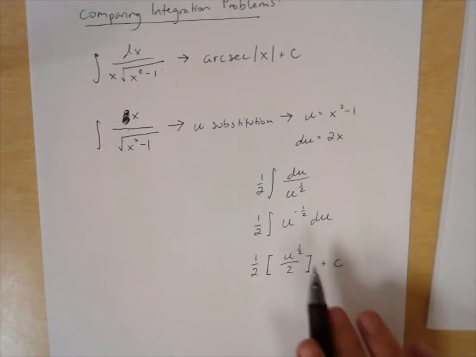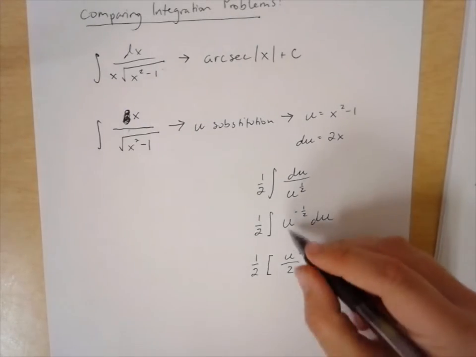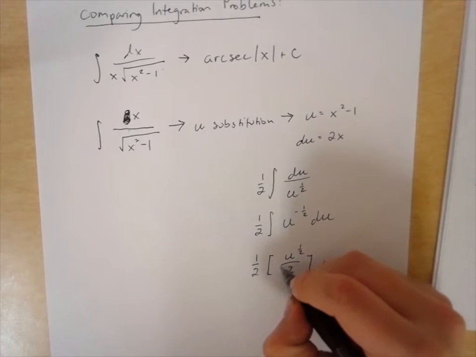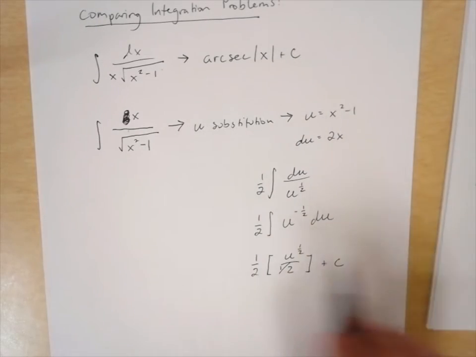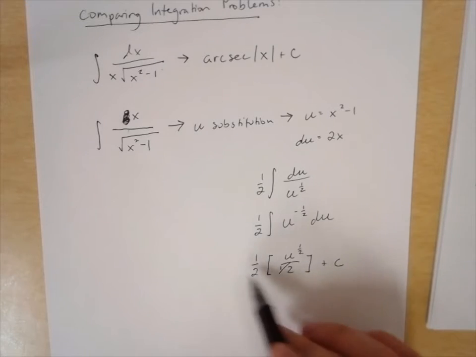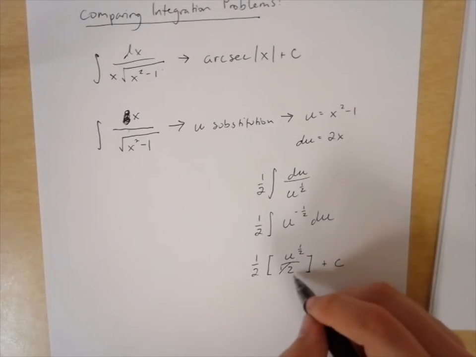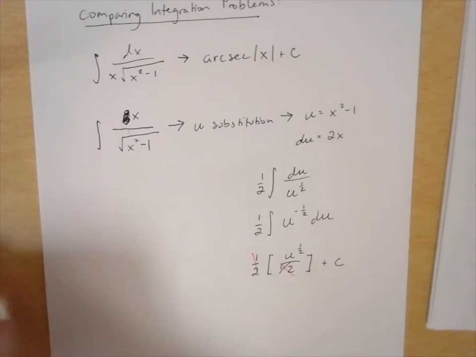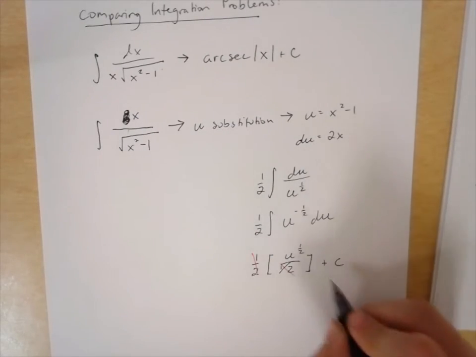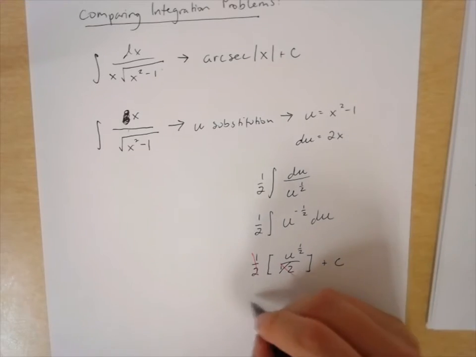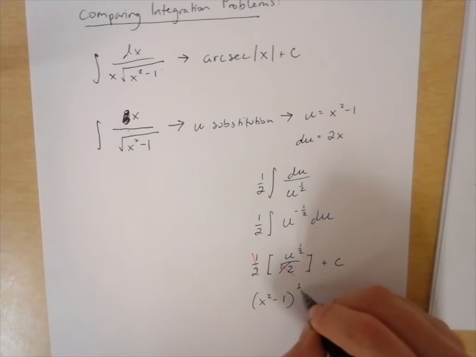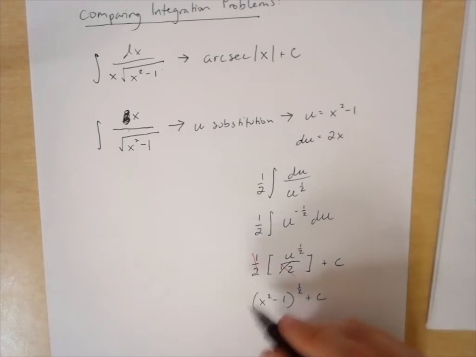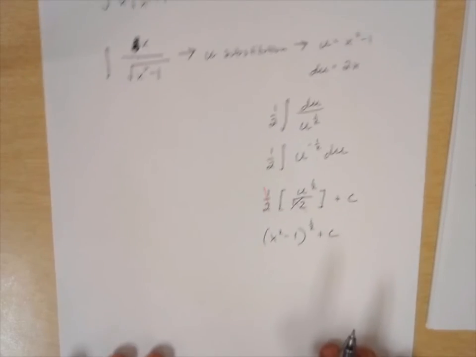Hold up. I did that in my head, which is my issue. This should just be u to the 1/2 over 1/2. And then we can cross off the 1/2s, right? If I have a 1/2 over here and a 1/2 on the bottom, then those cross off to become 1. And I end up getting u to the 1/2 plus c. But when I substitute u back in, I get x squared minus 1 to the 1/2 plus c. And that would be my antiderivative.